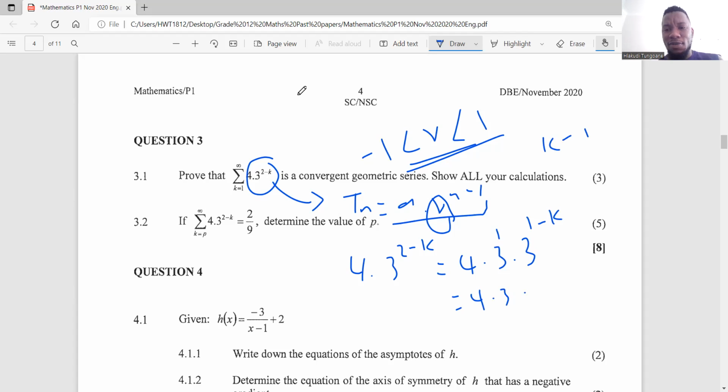So for us to do that, you can write this as 3^(-1) to the power of k minus 1. Remembering the laws of exponents, this can be written as 4 × 3 × (3^(-1))^(k-1).